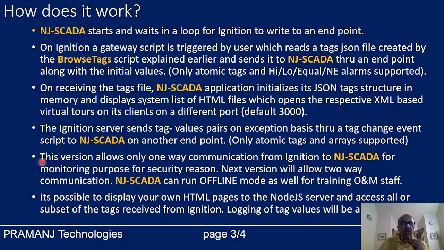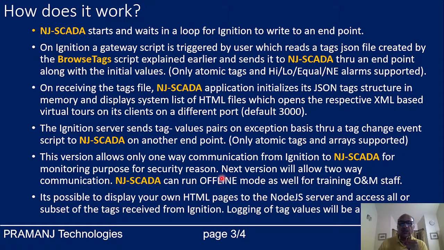Now this version allows only one-way communication from Ignition to NJ-SCADA. That is, you cannot write to the Ignition tags from NJ-SCADA. Of course, we already have provision to write to the Ignition tags from NJ-SCADA, but we have disabled it in this version.